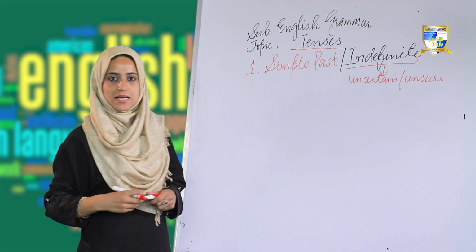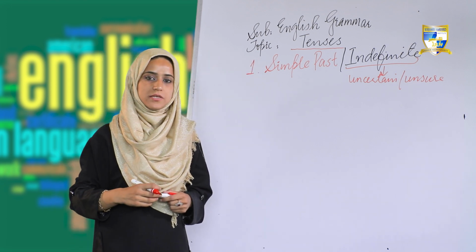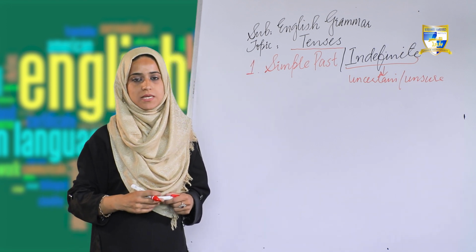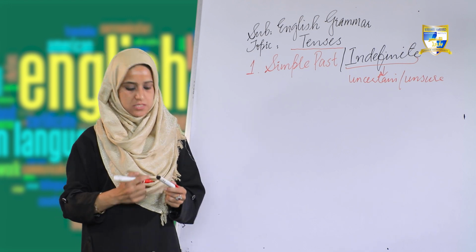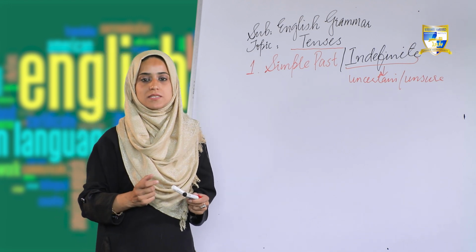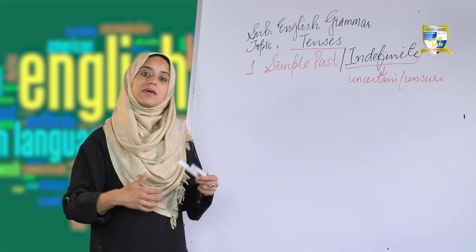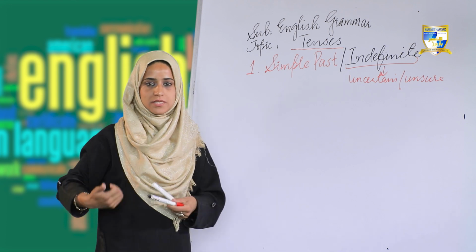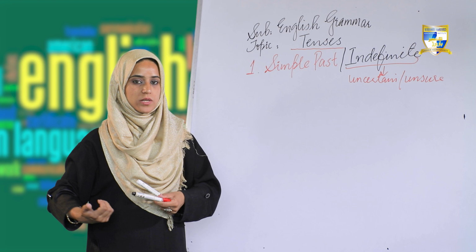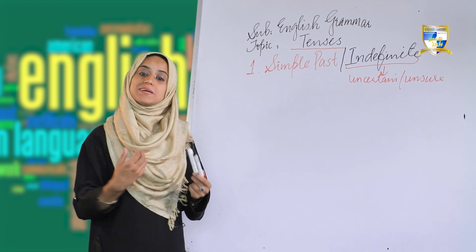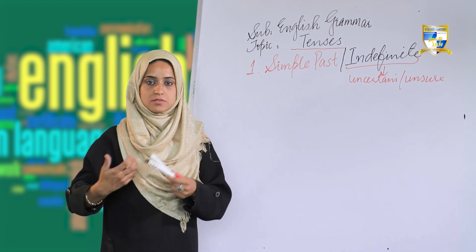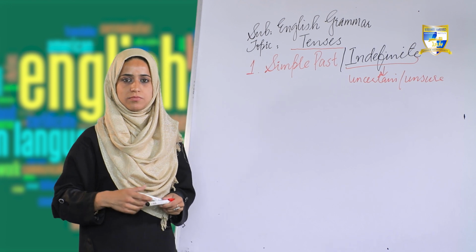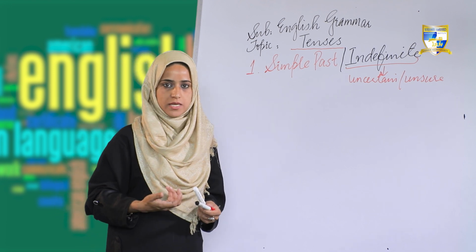So dear students, as I mentioned in the previous present simple tense, these simple tenses or indefinite tenses mention the action which happens on a regular basis, as a habitual action, where we do not particularly mention the time of the action. So it could be a daily routine action.